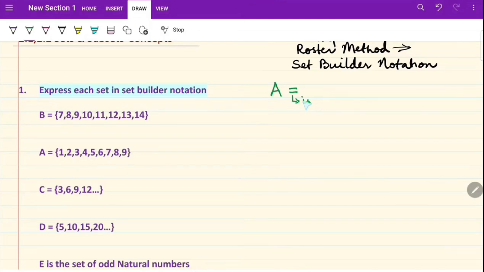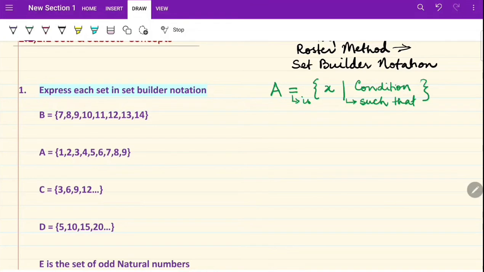So A is, and then we open a curly bracket, and then within the curly bracket we write a lowercase x, which represents the different elements in the set. So x followed by a vertical bar, which reads as "such that". So x such that, and then a condition, all right? We put in a condition that meets the different elements of the set.